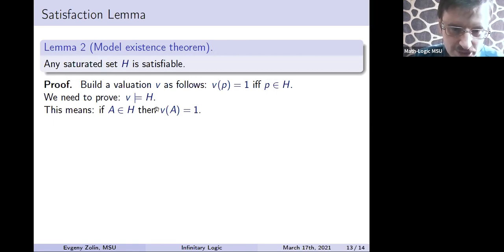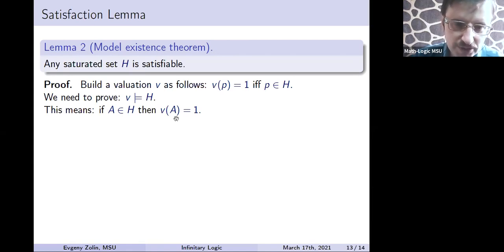Notice that in the usual logic, we prove an equivalence. A formula A belongs to our maximal consistent set if and only if this valuation gives it the value 1. But here we prove only one implication.